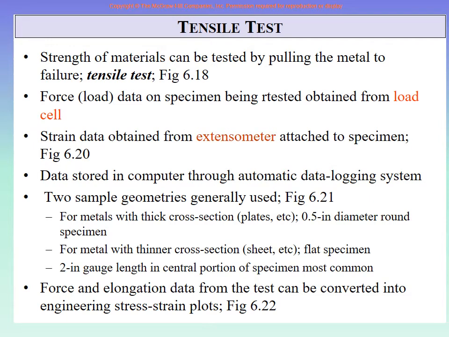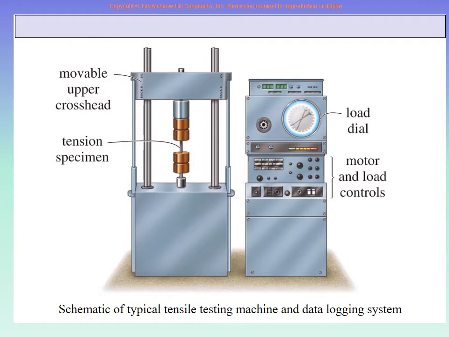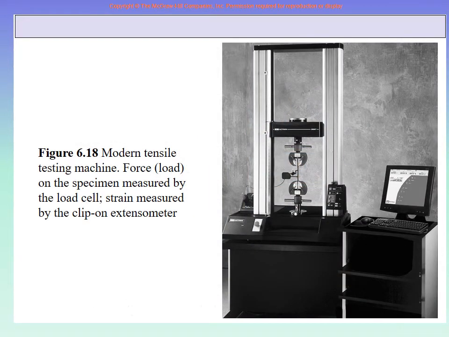Then we started describing the tensile test. How do we actually measure the mechanical properties from a tensile test? We talked of the load cell, of the extensometer that we use. We gave you a general figure of a common universal testing machine or a tensile testing machine. Other figures, more realistic, of an actual one which is used in experiments in solid mechanics lab.